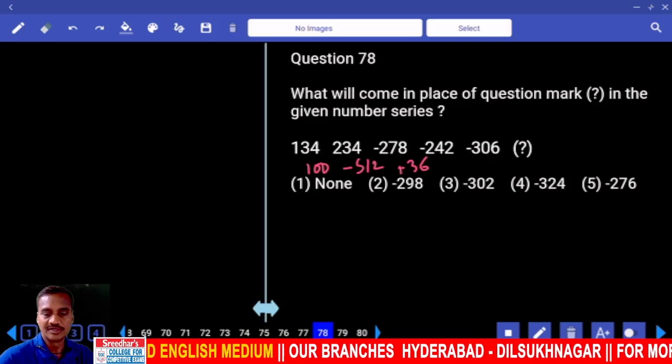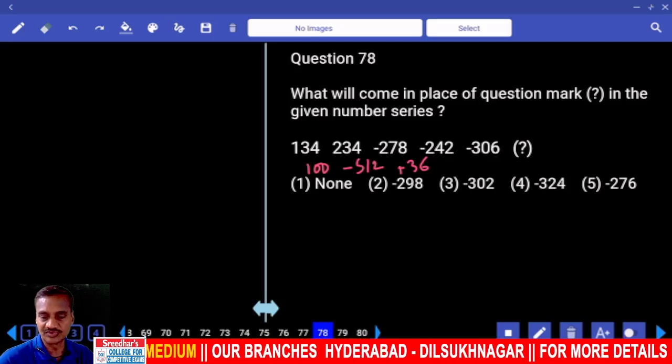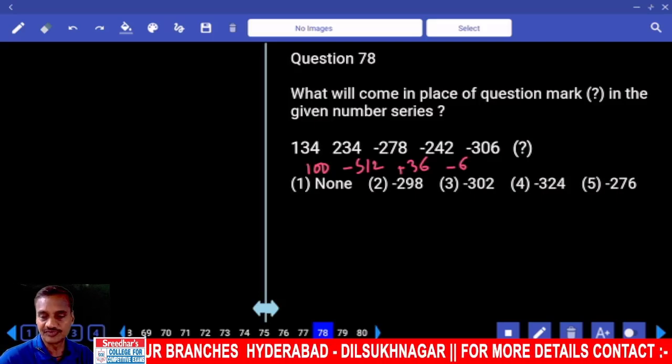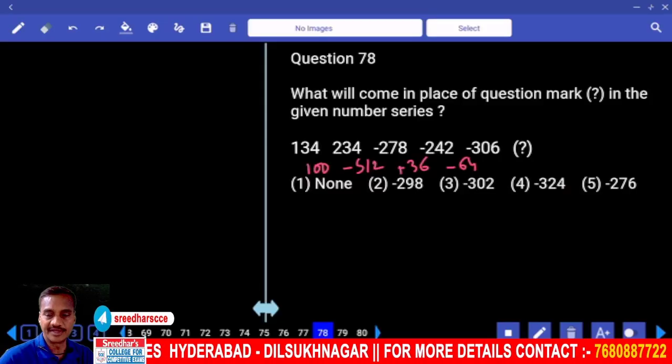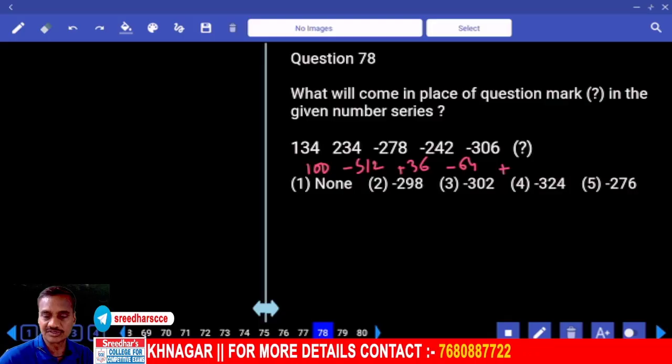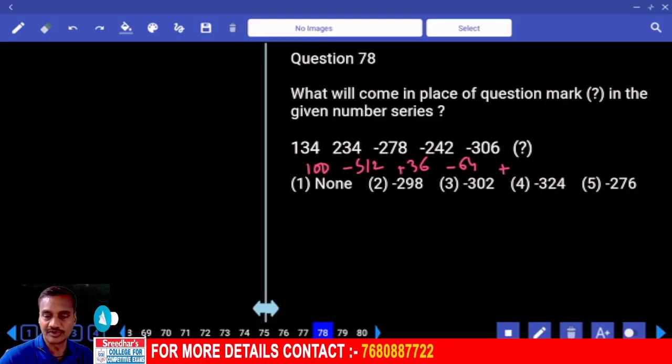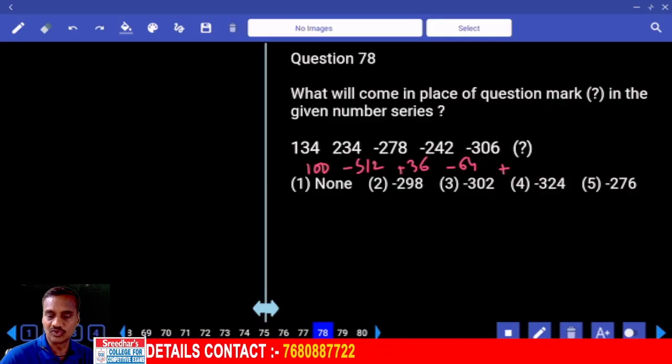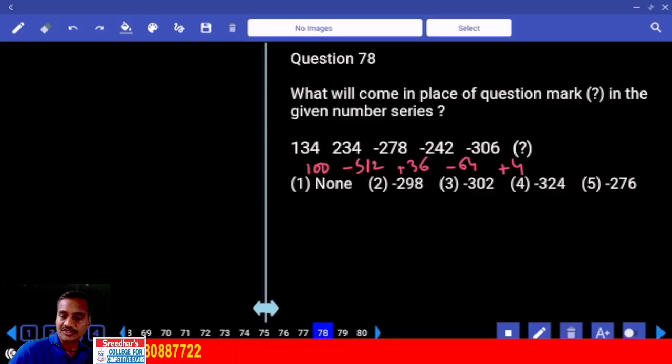And next one 10 square, 8 cube, 6 square, 4 cube. Now minus 4 cube, 64. And next one plus how much? 10, 8, 6, 4, 2. And 2 cube. What is 2 cube or 2 square? 2 square. Now 2 square is so much? 4. Minus 306 plus 4, minus 302. Choice 3, question number 78.